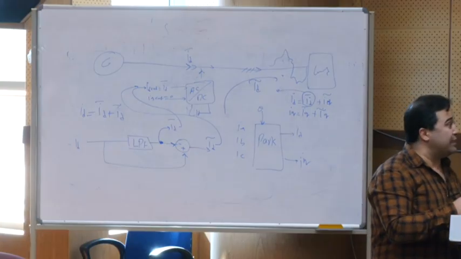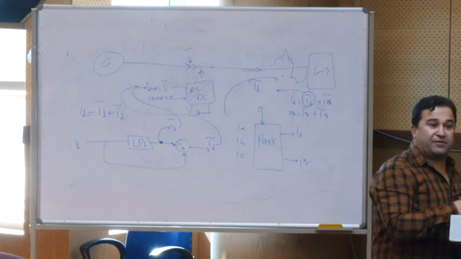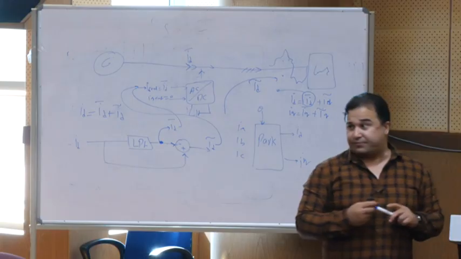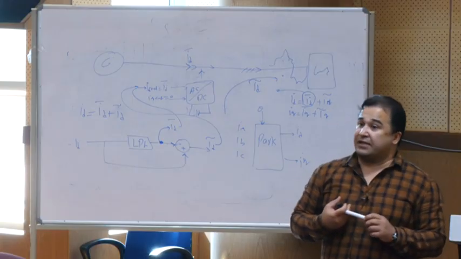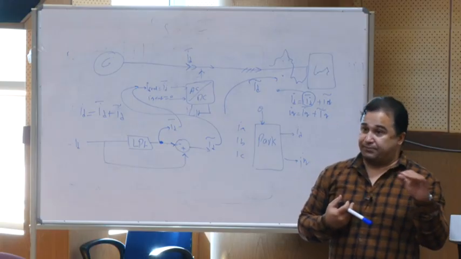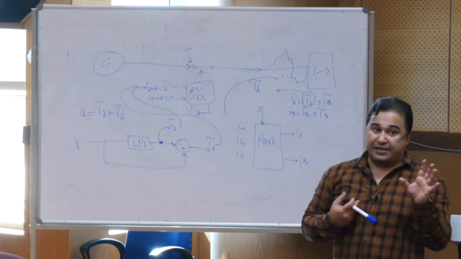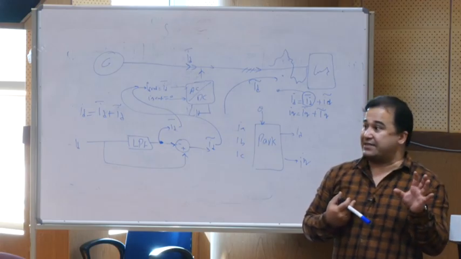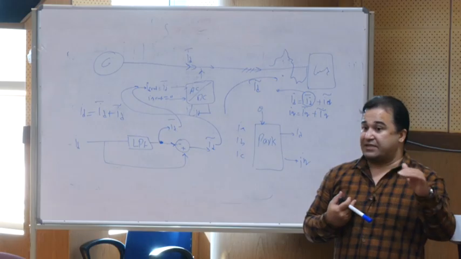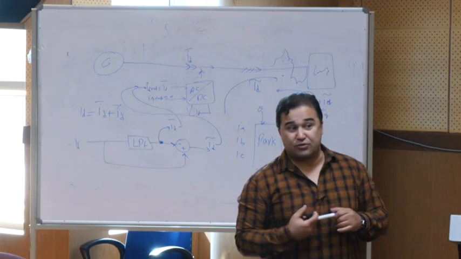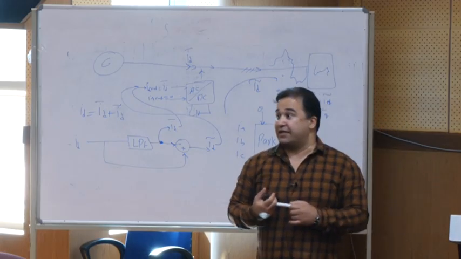So the problem of this type of filter is that it provides a delay for the system. So it somehow increases the transient response time of the system, so we can consider this a weakness.